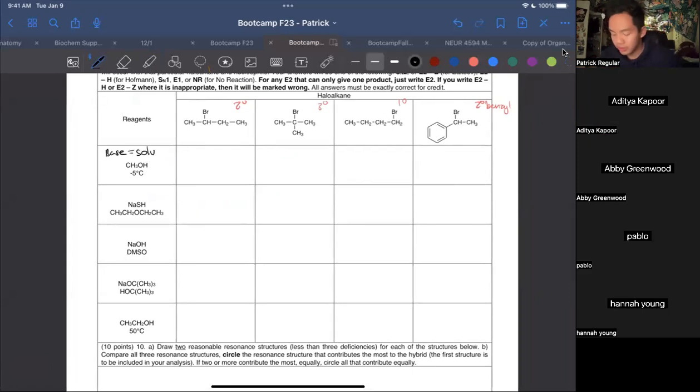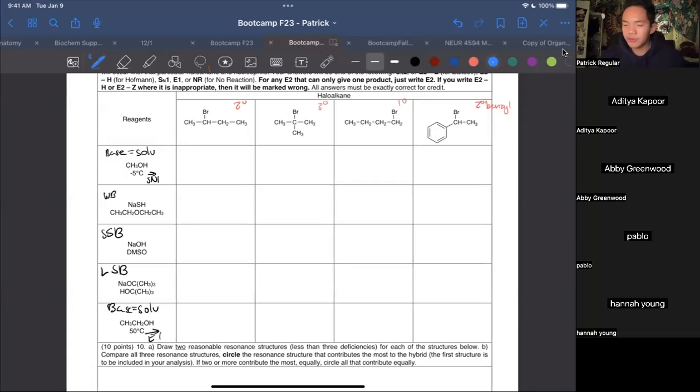We have a cold temperature, so it prefers SN1. We have a weak base. We have a small strong base. We have a large strong base. We have a base equals solvent, which prefers E1. Now let's work through it.